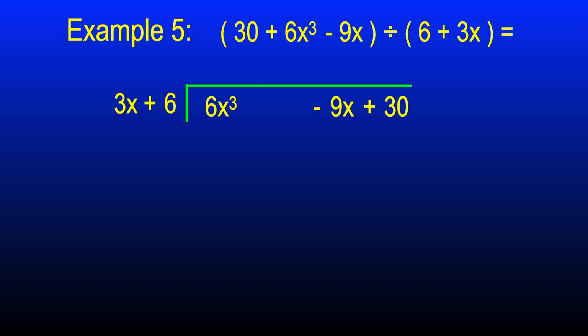Okay, meron tayong space kasi merong missing term. Isulat muna natin yung missing term. Ano yung missing term? 0x ba? Hindi 0x kasi may negative 9x na doon. Ang missing term ay plus 0x squared. Kasi dapat sunod-sunod yan.